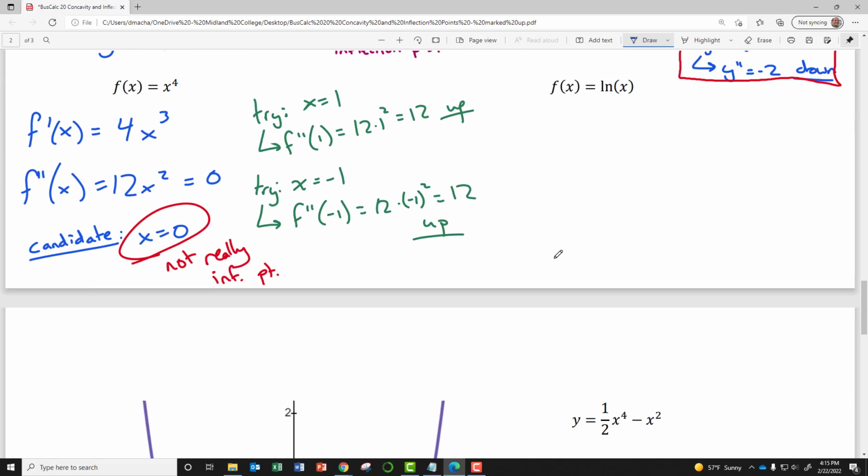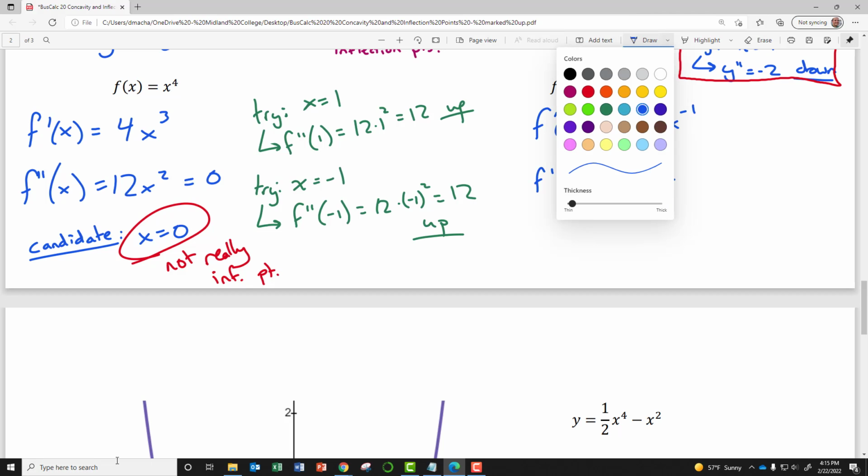Okay. One more example here. I have f of x equals natural log x. So if I take the first derivative of natural log is 1 over x. Take the second derivative, and remember that 1 over x is like x to the negative 1 power, so this becomes negative 1 over x squared.